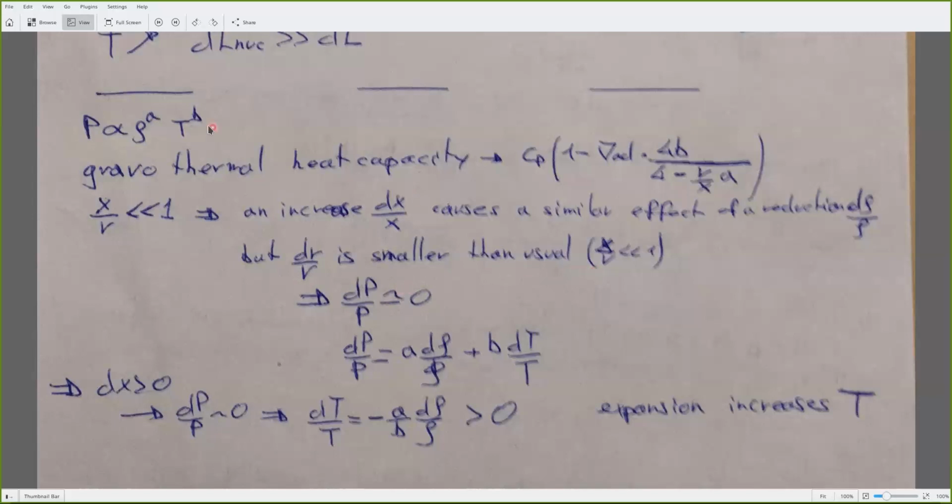If you take this one and differentiate it to have the relation among the relative variations, we have this one.